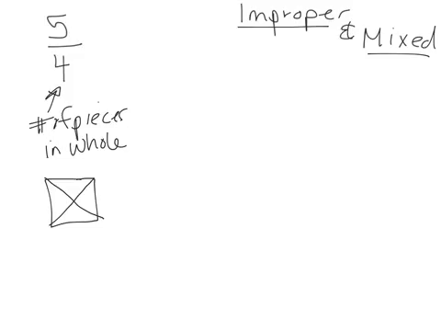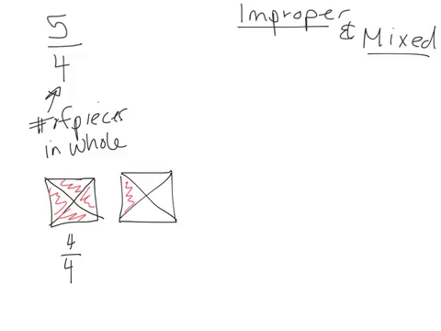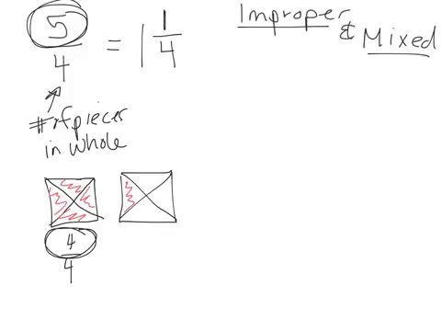So my whole would be 4 out of 4, but 5 out of 4, there's more, so it means I need another piece. So if I have 1, 2, 3, 4, 5, then I can say I have 1 whole, and there was 1 left over, that 5 and the 4, with 1/4. So I have my mixed form and my improper form.